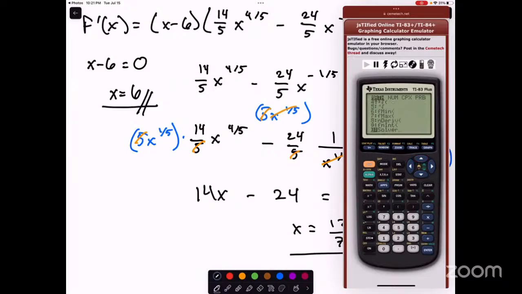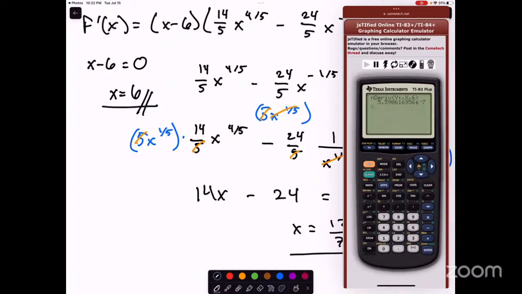Derivative, right? I have to remember the syntax for this. We want to take the derivative of that function we typed in with respect to x when x is what, 6? We should get 0.